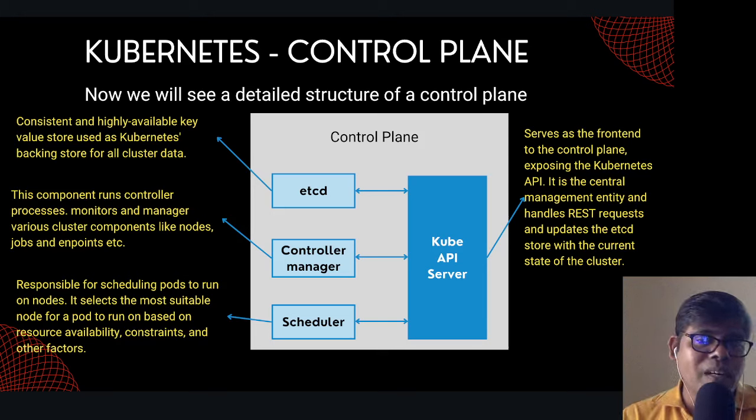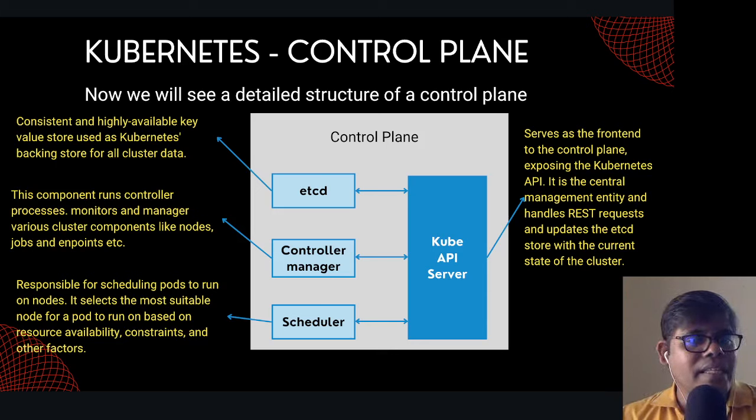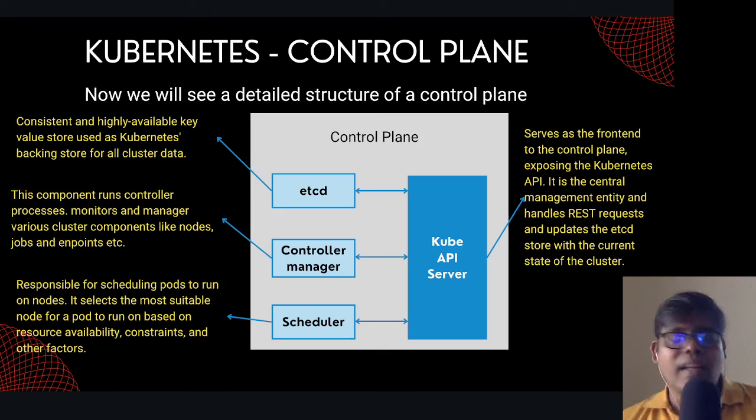So for Kubernetes, for all the containers it is creating, all the pods it has, all the nodes it has, the cluster has multiple nodes, all the information about these deployments will be available in the etcd. We can think of it in that way. So it's a highly available key value store for all the cluster related data.